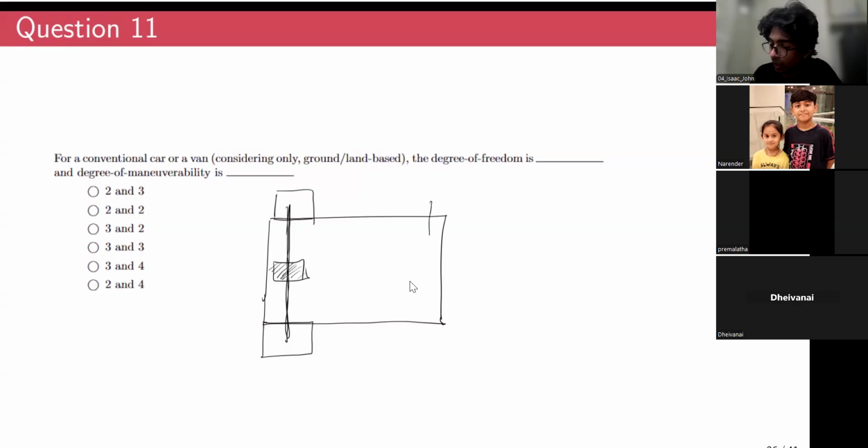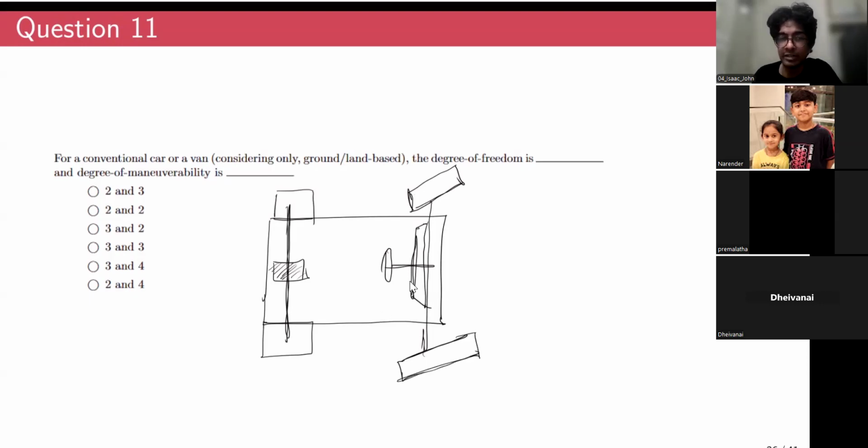And at the front, you have a steering axis, you'll call this a steering axis. And it will probably have some sort of a linkage so that the front wheels can be steered. So you can consider this to be a two-wheel drive, only the rear wheels are powered. The front wheels are not powered. It's only steered.